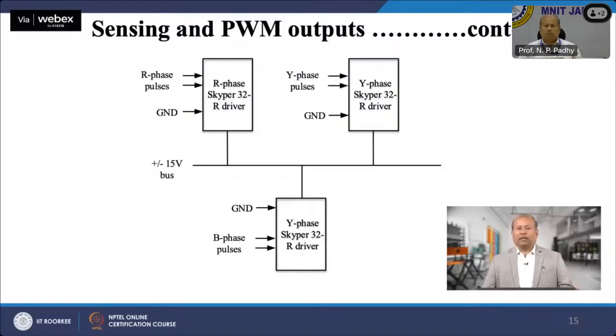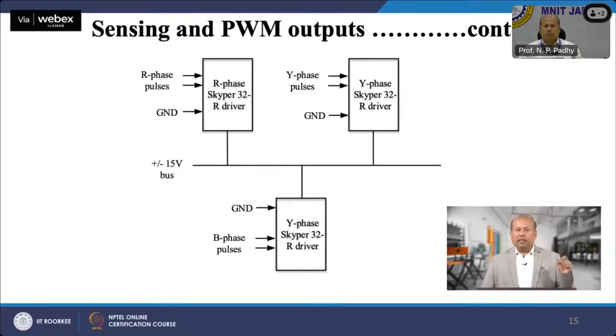However, the gate terminal of the IGBT requires positive and negative voltage to turn on and turn off the device. For this, we can utilize the plus minus 15 volt DC power supply board present in the voltage and current sensor board.